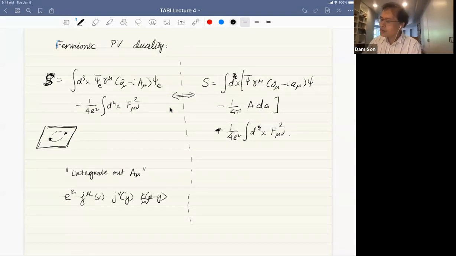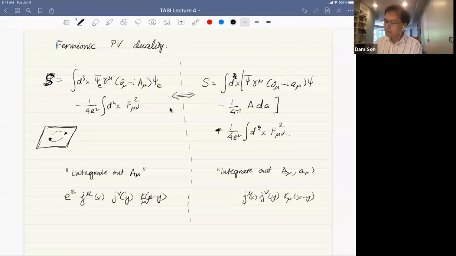On the right-hand side, if you do exactly the same thing, that is, integrate out both A and little a, you find exactly the same non-local interaction with the same kernel, except that the coupling constant here would be 1 over E squared.